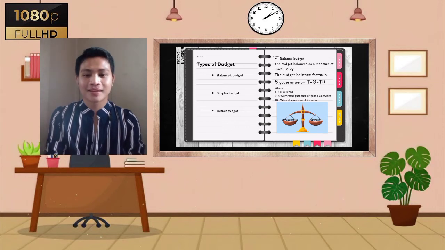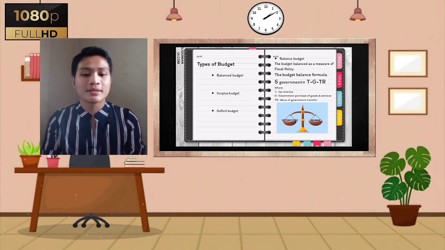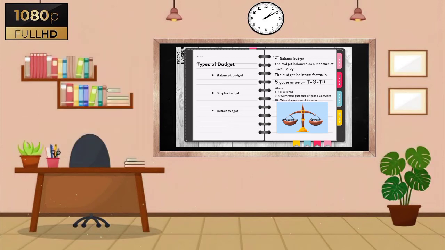Thank you. Okay, balanced budget. A government budget is said to be balanced if estimated government receipts are equal to the estimated government expenditure. You can see it here in my presentation that expenditures and revenue are balanced.